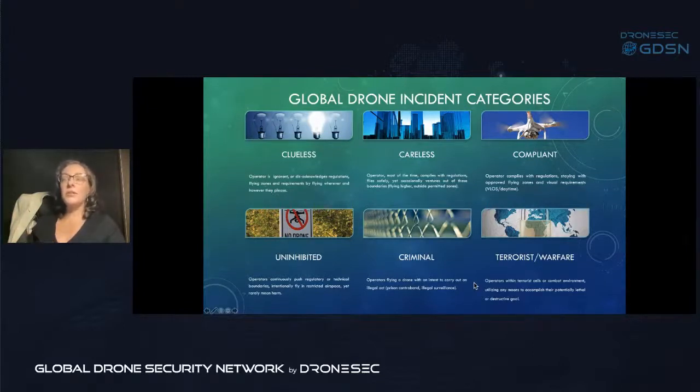So this helps in any sort of understanding between organizations, between regions, for example, and it's the same with the incident types. There's a definition for each of the incident types of what is happening and where it can go. So we have the clueless, the careless, the compliant, the uninhibited, the criminal, and the terrorist warfare groups.